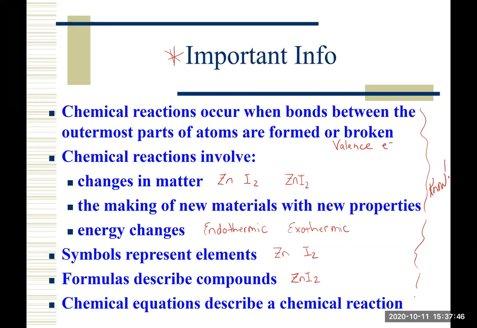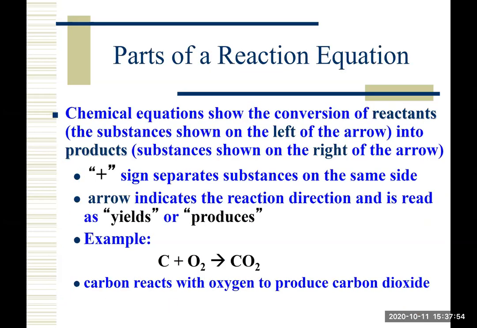What we're going to start focusing on is how chemical equations now describe a chemical reaction. The parts of the chemical reaction equation include the reactants, which are shown to the left side of an arrow, and the products, which are substances shown on the right side of that arrow.